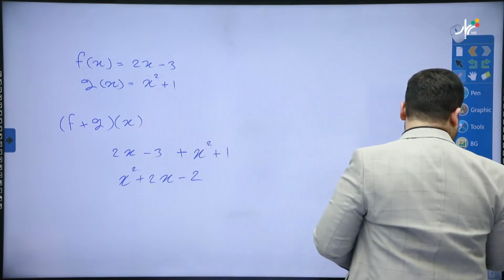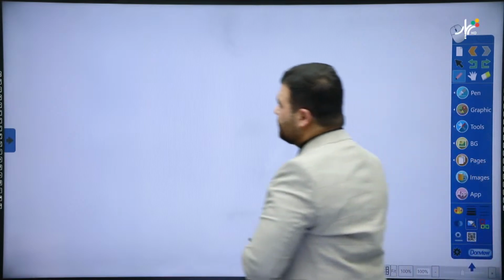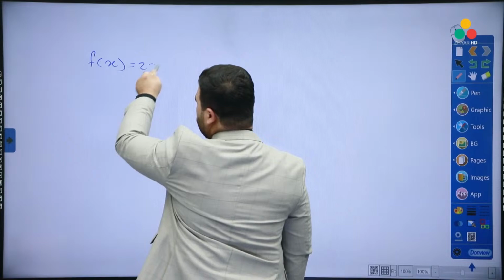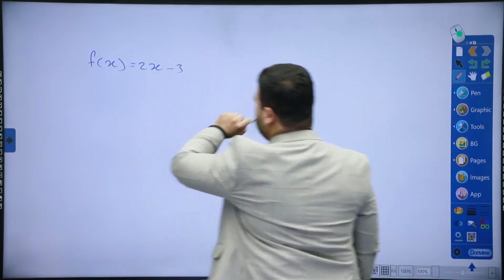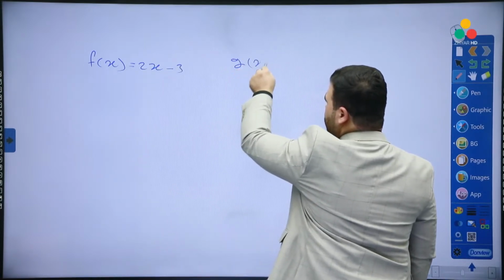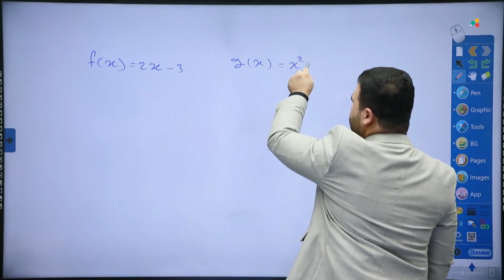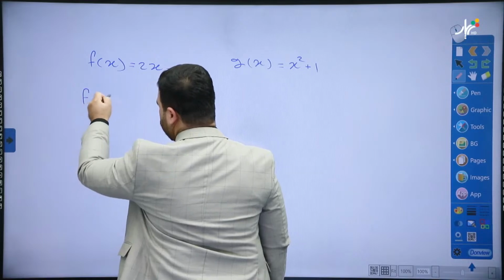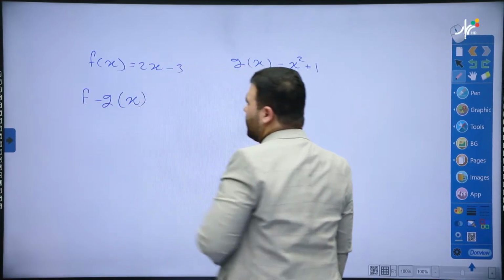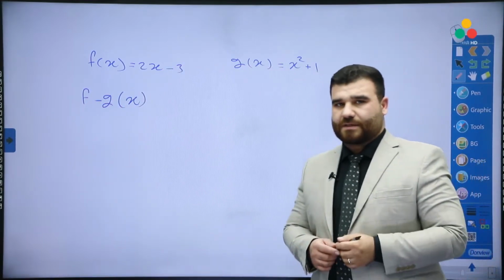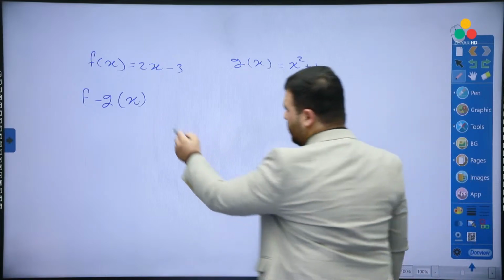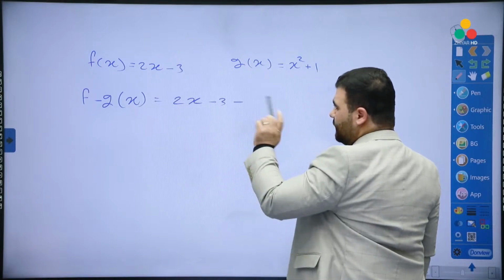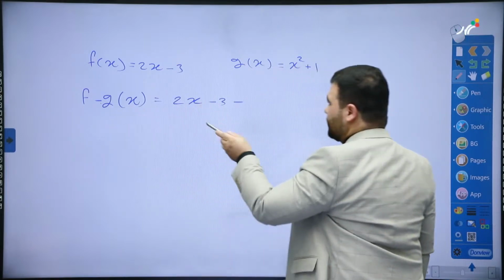Now, if I want to do (f minus g)(x), f(x) is 2x minus 3, and g(x) is x squared plus 1. This means f(x) minus g(x). Then f(x) is this, 2x minus 3, minus, for the g, remember, this minus is for the entire g.